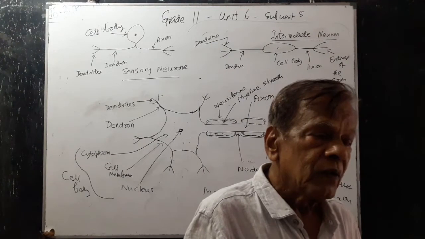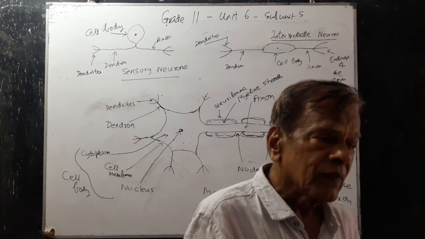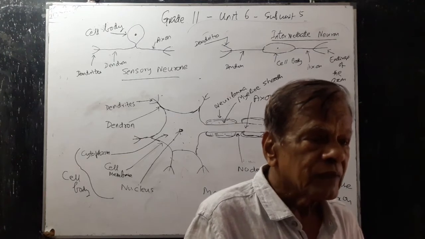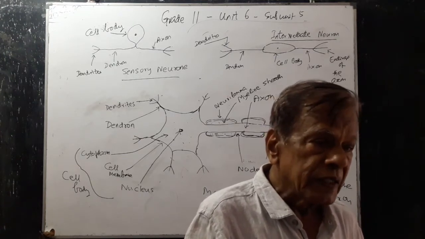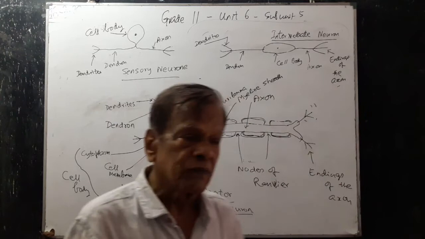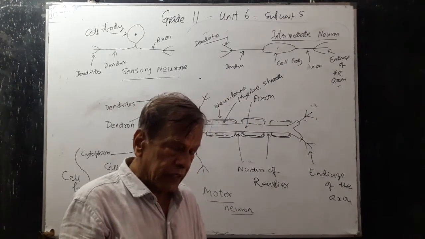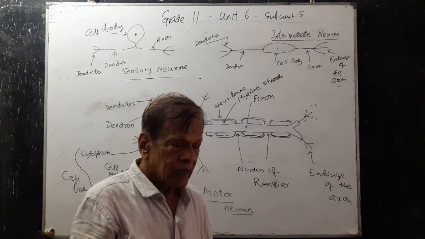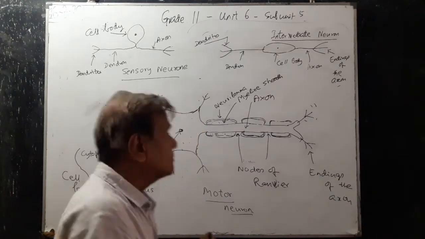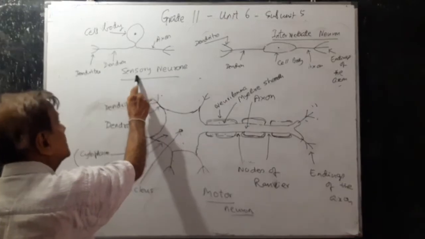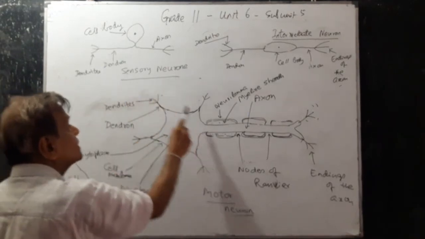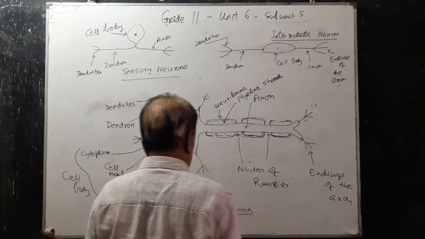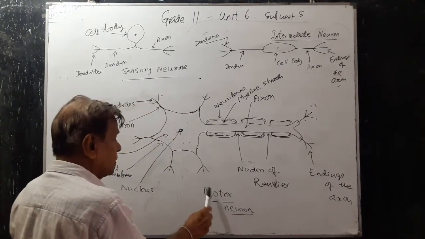There are three types of neurons. They are sensory neurons, intermediate neurons, and the motor neurons.